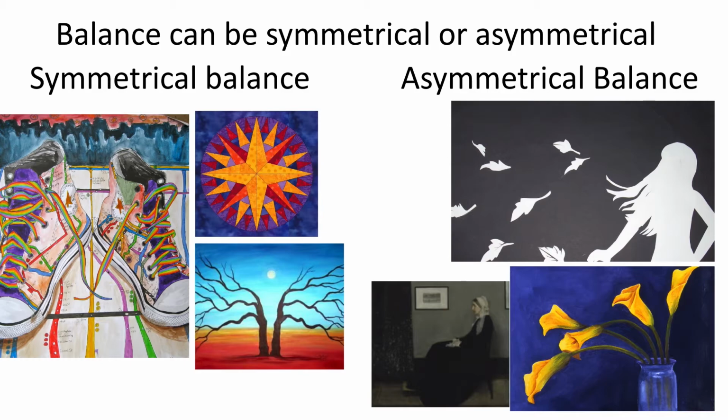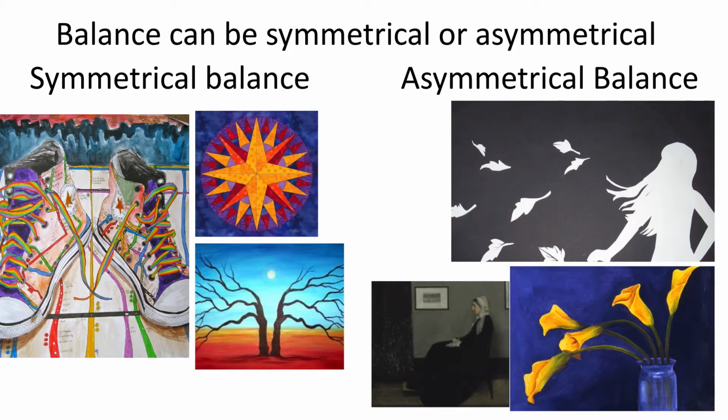And if the leaves weren't there, or the girl wasn't there, it would feel like an empty space. It wouldn't feel balanced. It would feel heavy on the one side, or like something's missing. So this is balanced. It's not balanced by something exactly the same, but you do feel that visual weight is there.